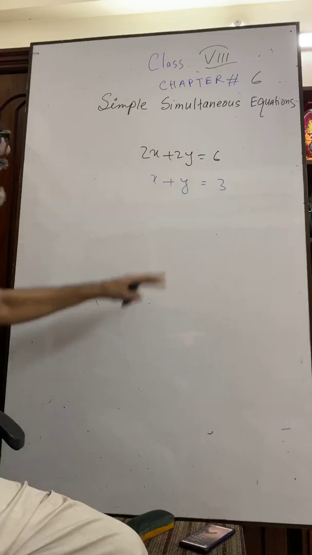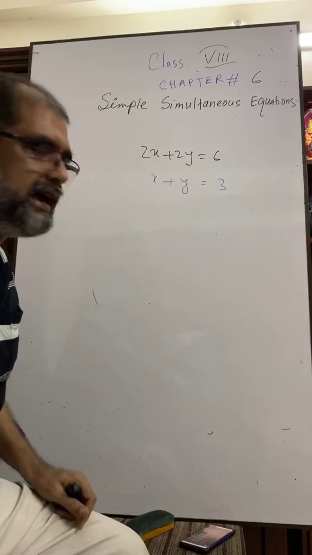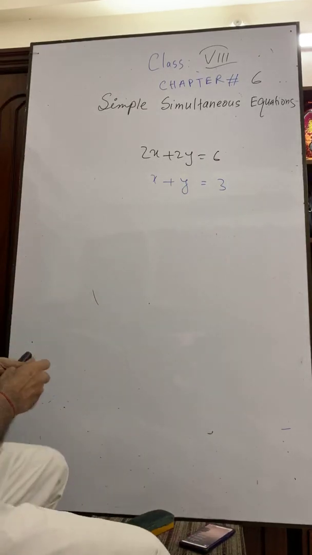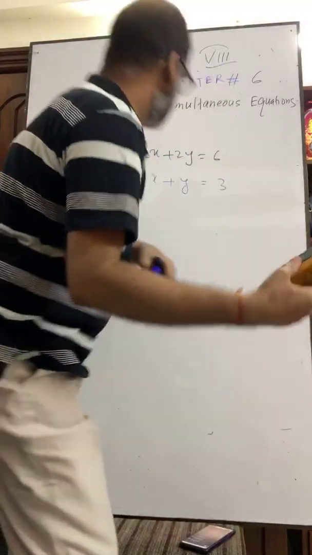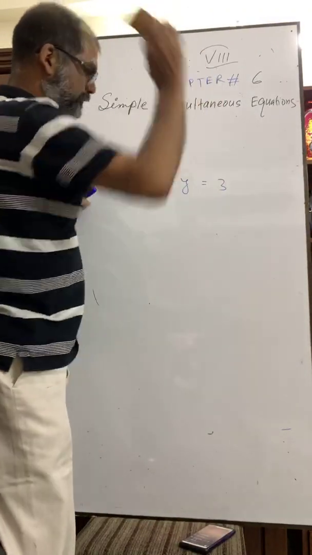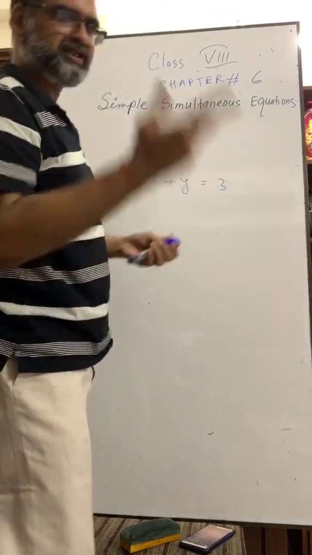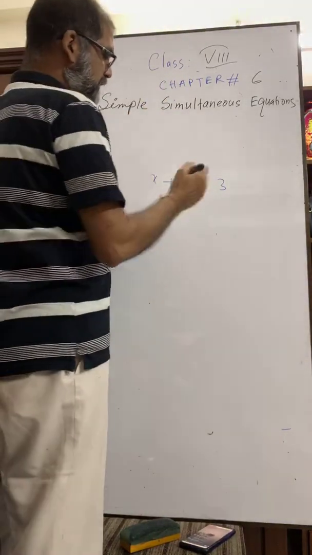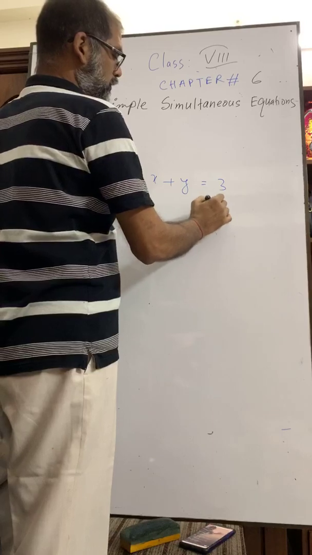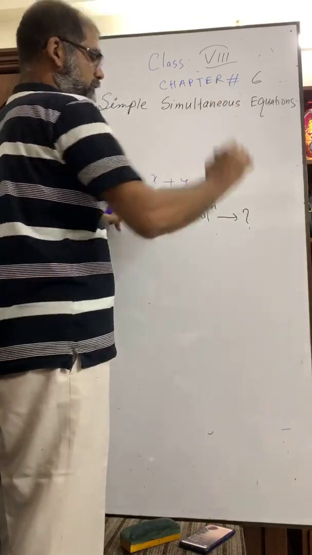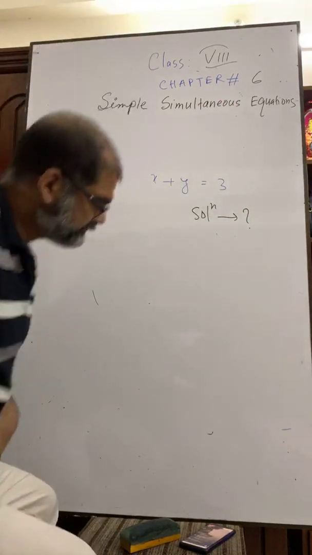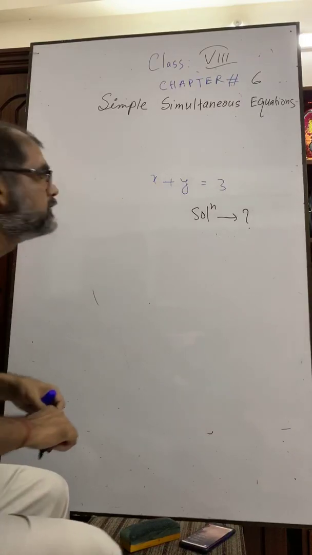Now we have got only one equation, that is x plus y equals 3. So we have got x plus y equals 3. Now, let me know what is its solution.